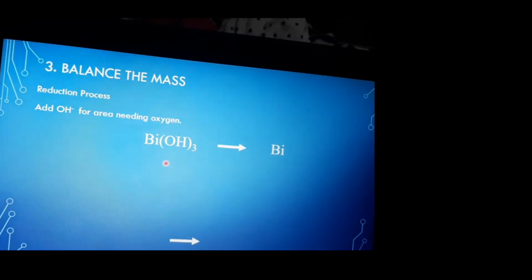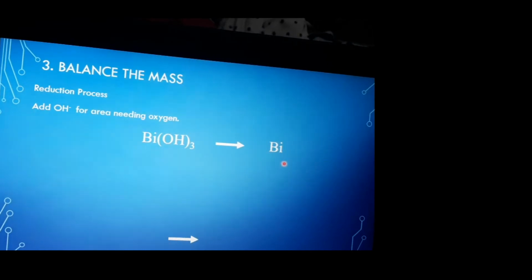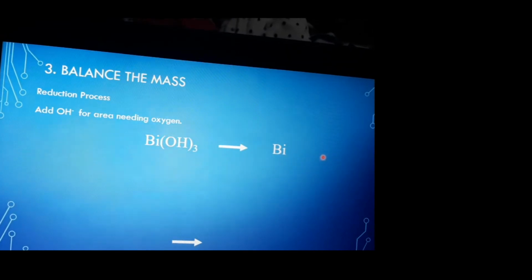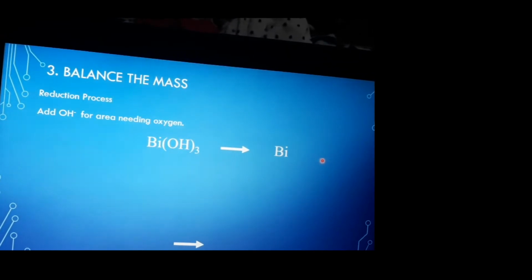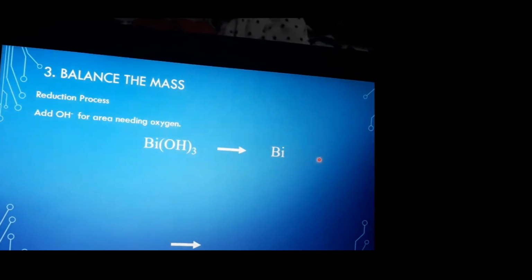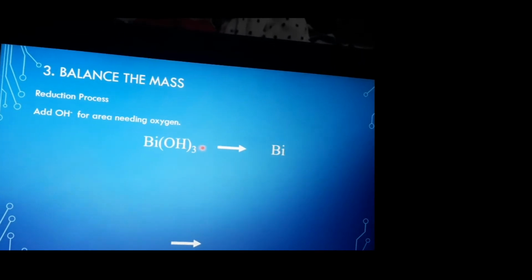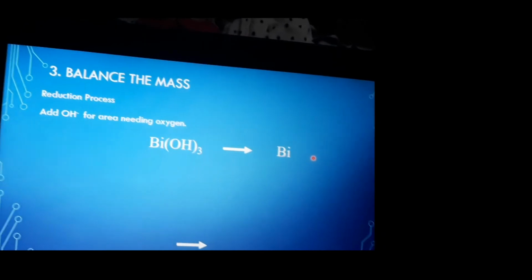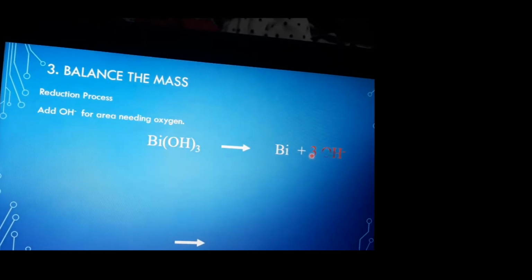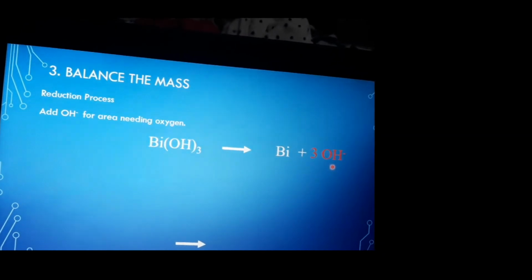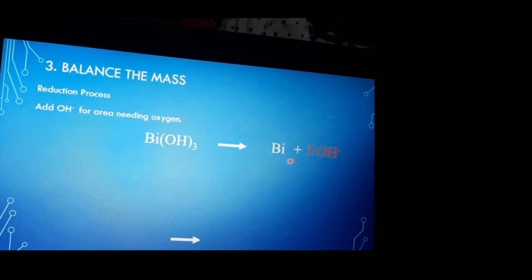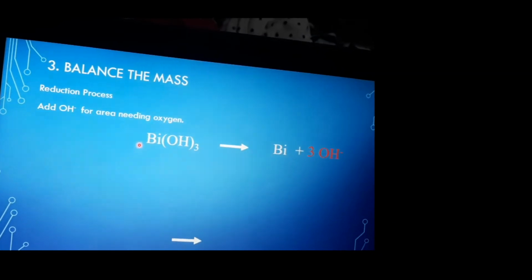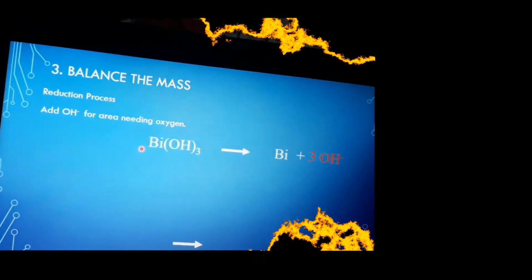This is bismuth hydroxide and we have bismuth. On the right side, we are lacking oxygen. Here we have 3 oxygen, so we need to add 3 hydroxide groups. Now we have a balanced mass for the reduction process.